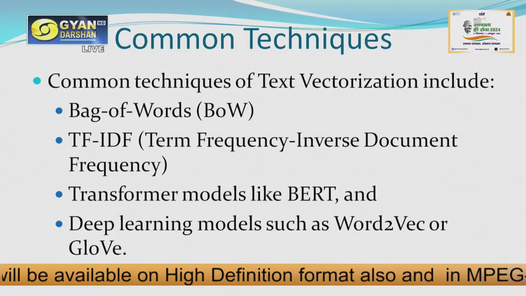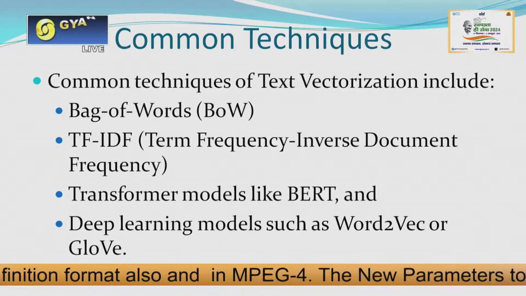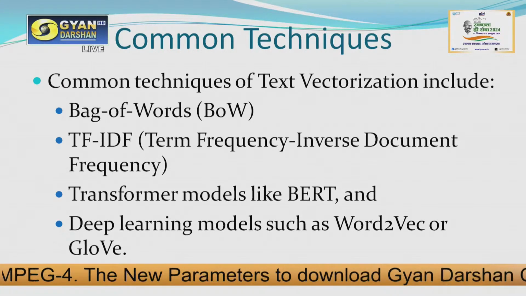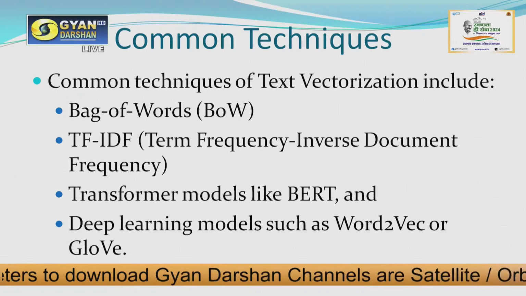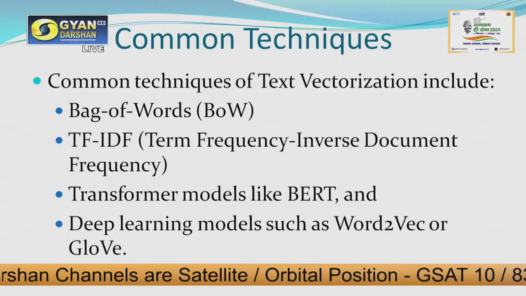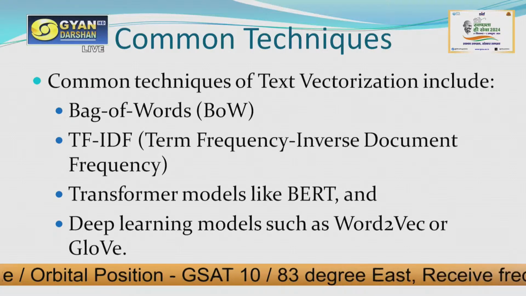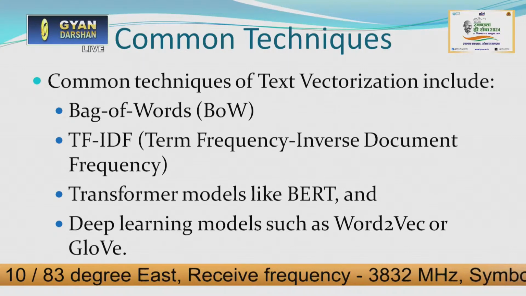The common techniques available are, one, the bag of words, which is very popular and is called BOW. The second one is TF-IDF, that is term frequency, inverse document frequency. This is the second technique which is commonly used for text vectorization. The third one, which is the latest technique used in many machine learning models, is the transformer models like BERT and others.